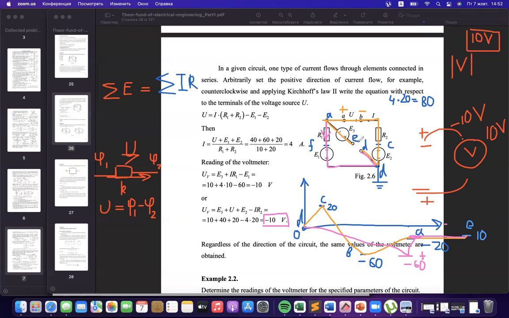Okay, this is the application of Kirchhoff law for some circle, and a couple of words about measurements. Please, if you want to clarify something or discuss something in more detail, please welcome before we move to the next example.